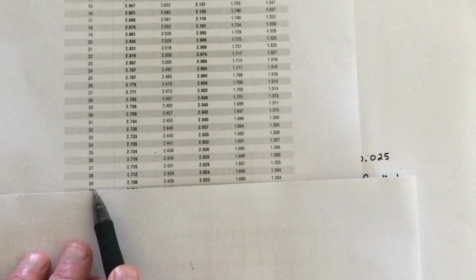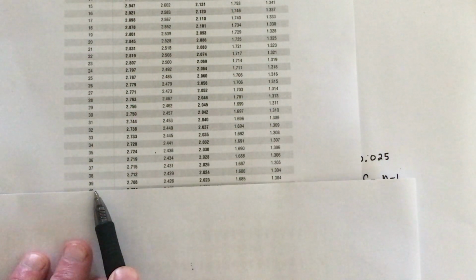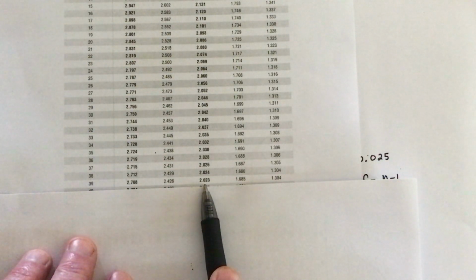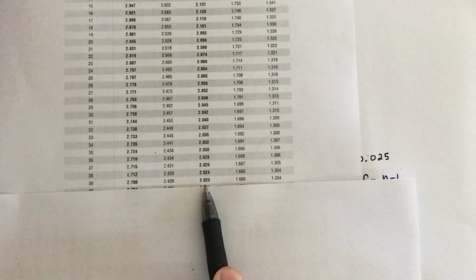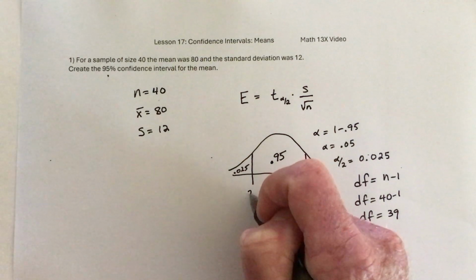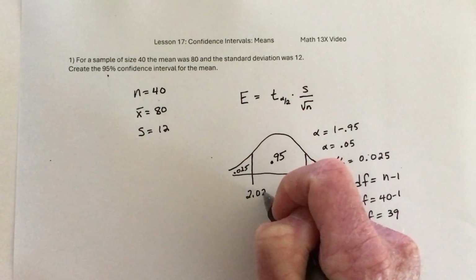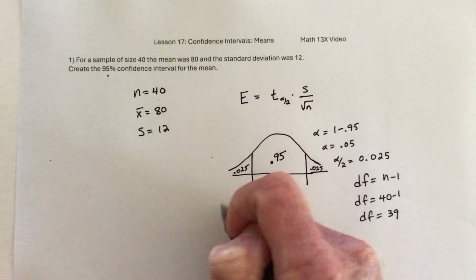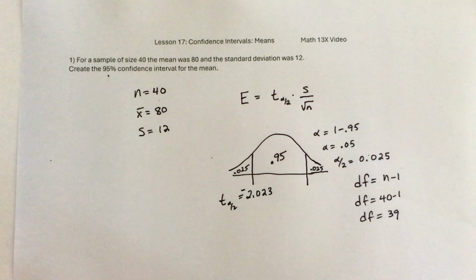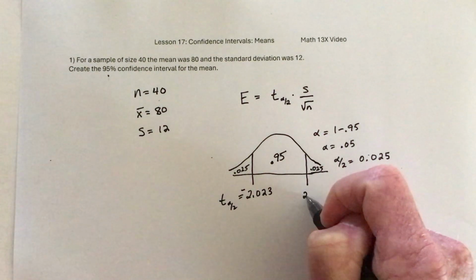So here's where it says 39, and then if you go to the middle column, that says 2.023. That's called t sub alpha over 2. And actually the one on the left would be negative and the one on the right would be positive.